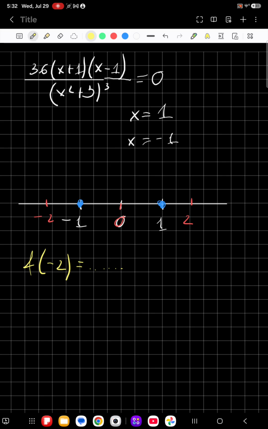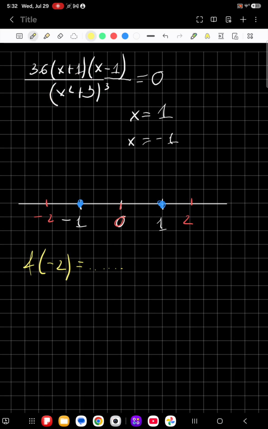So I'm taking negative 2 and plugging it right into the function. I'm looking at the top. For negative 2, this will be negative times negative, so that'll be positive, and here everything is positive, so that's going to be positive over positive.